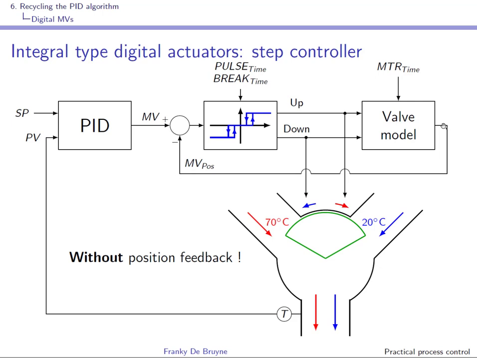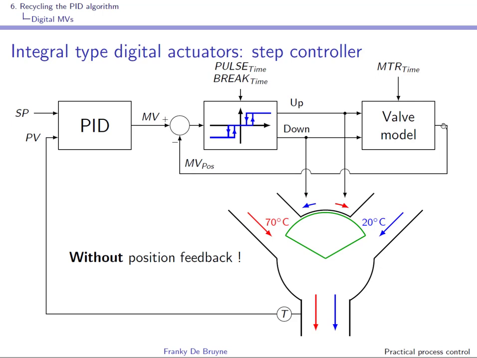Assume, for instance, that at some stage the binary signal valve closed is coming. Then you know that the valve is entirely closed, and you can reset the output of the integrator to 0%.